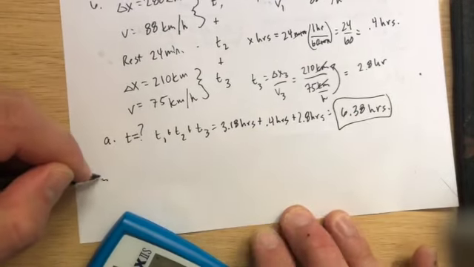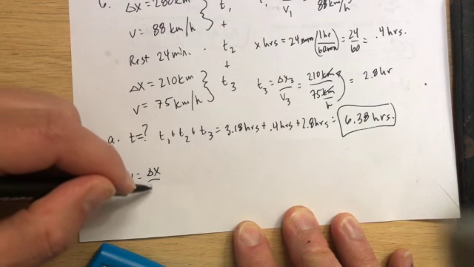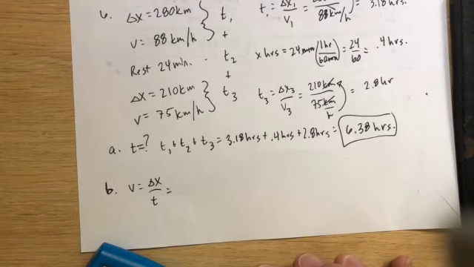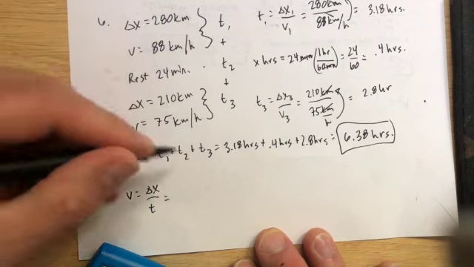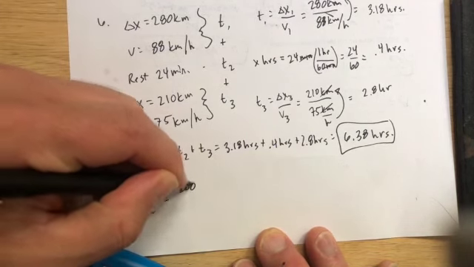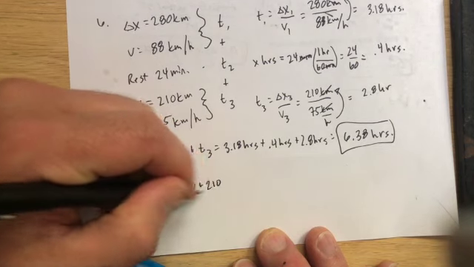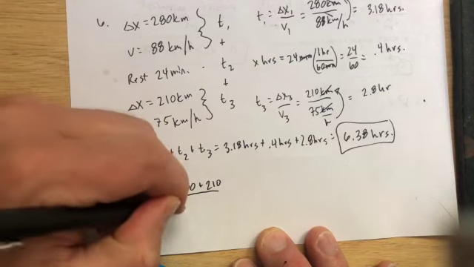Part B says, what is the average velocity for the total trip? So for the total trip, our velocity is the total displacement divided by the total amount of time. All right. Well, what's our displacement? We actually have two displacements here. We have 280 plus 210 for our displacement, and our time we just figured out was 6.38 hours.